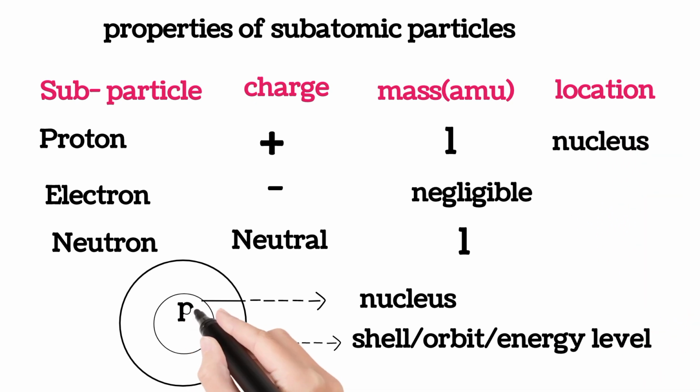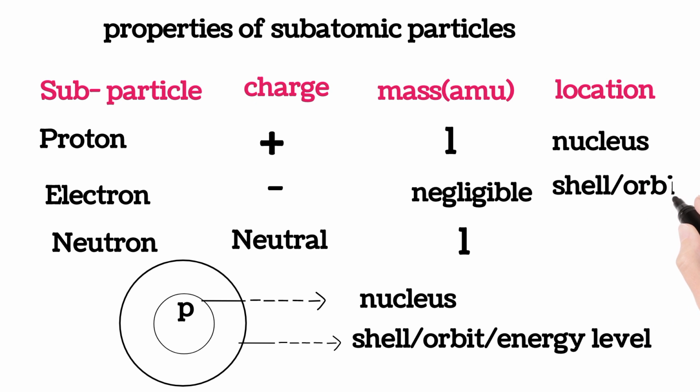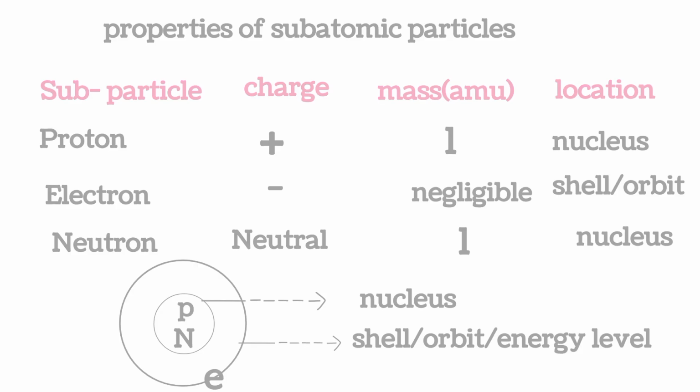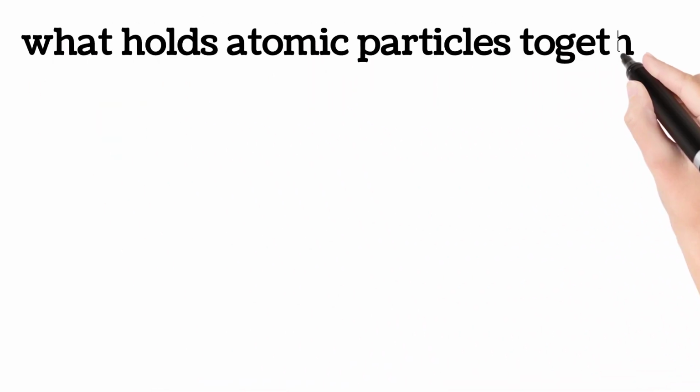So we have the proton located in the nucleus, the electron is located in the shell, orbit or energy level, and the neutron is located in the nucleus. So this is how these atomic particles are located: their charges, their mass, and their location. Know that proton is in the nucleus, neutron is in the nucleus, and electron is in the shell.